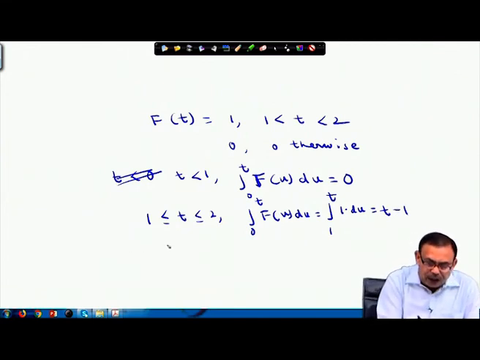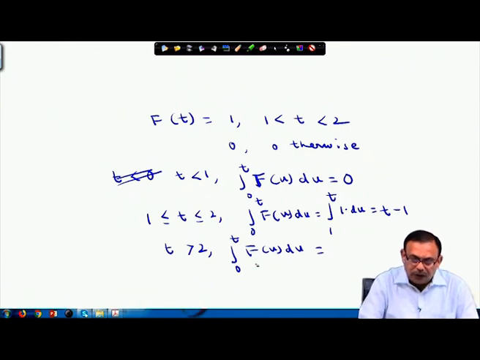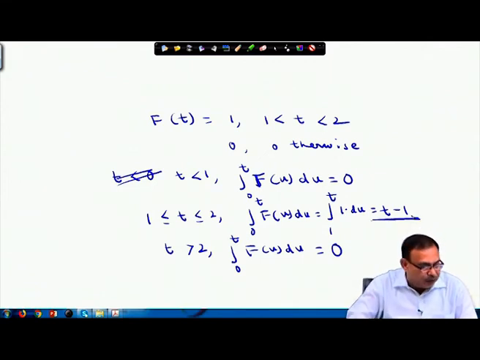And for t greater than 2, the integral from 0 to t of f(u) du, this value again, whenever 0 to 2 you are telling t is greater than 2, in that case the value of the function is 0.